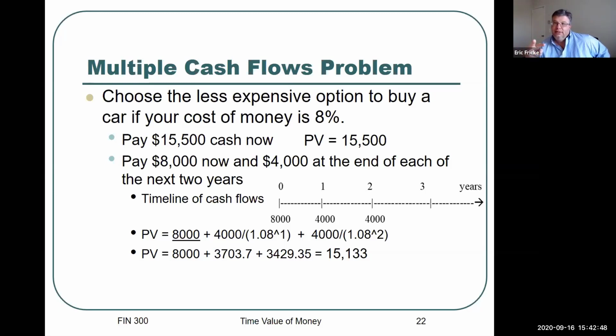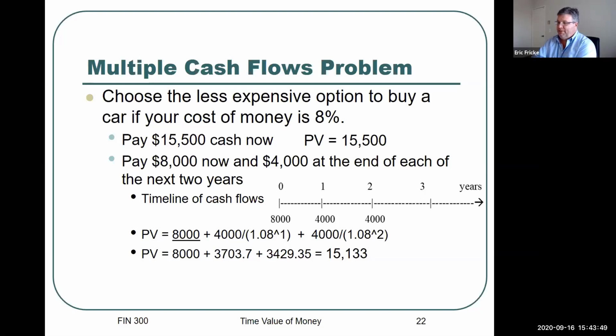Okay, so now what we do is we compare the different options and we compare those present values and we choose the better one. And since this is a cost, we're comparing the cost of 2 different options, we should choose the lower one. And we would choose option 2 since it's 15,133 as opposed to 15,500.